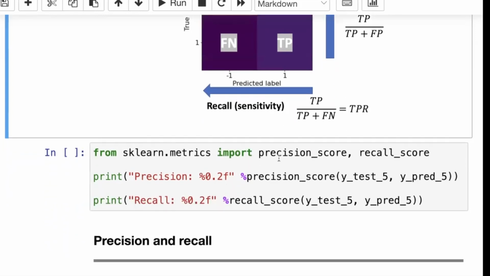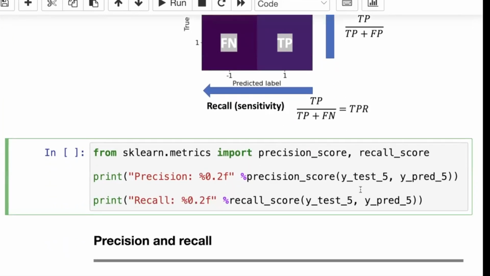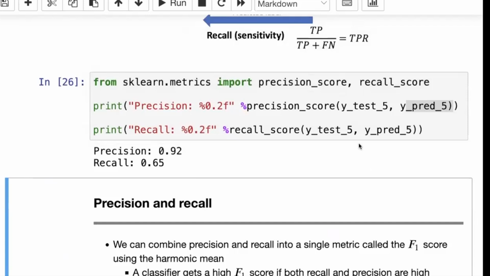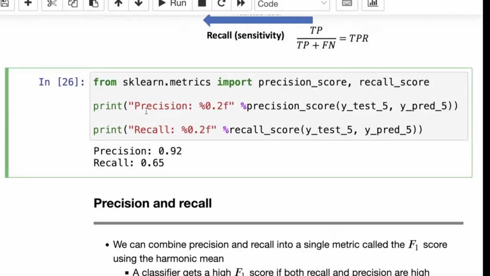But if you want to find these scores, precision score and recall score, we can just pass in two input arguments, the actual labels and the predicted labels, right? So with this information, you can form the confusion matrix and calculate these numbers. And if I print this information, you can see that here we have precision 0.92 and recall 0.65.